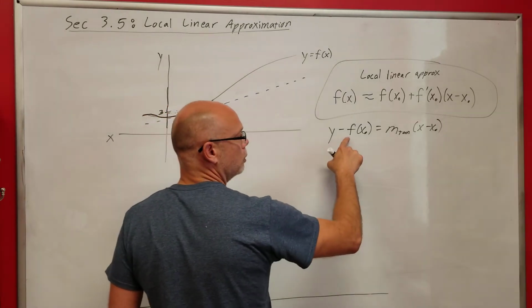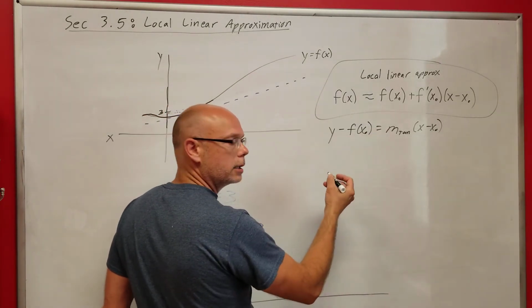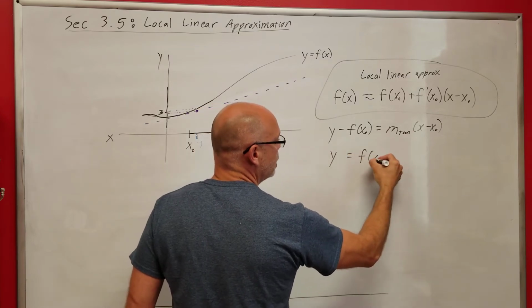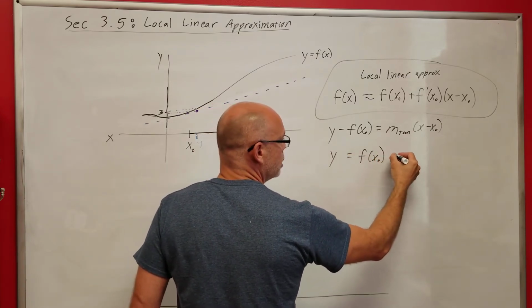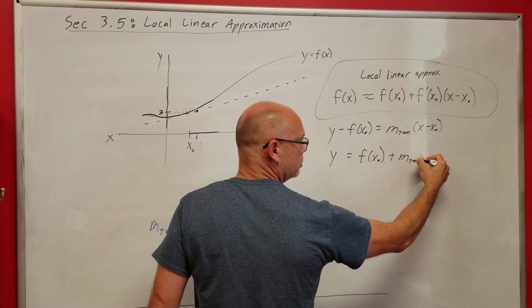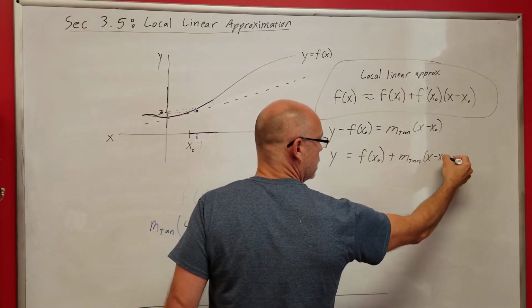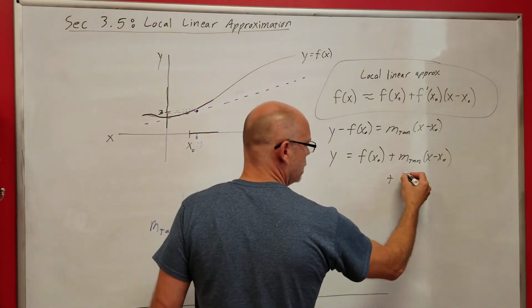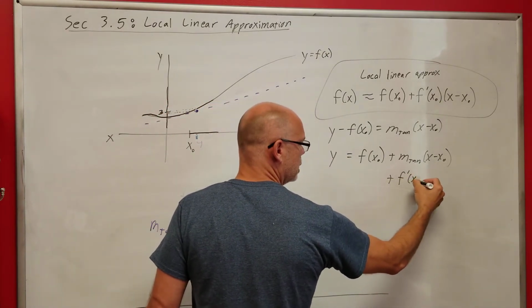Well, what if I add f of x naught to both sides? I get y is equal to f at x naught plus m tan times x minus x naught. And couldn't I call m tan f prime at x naught?